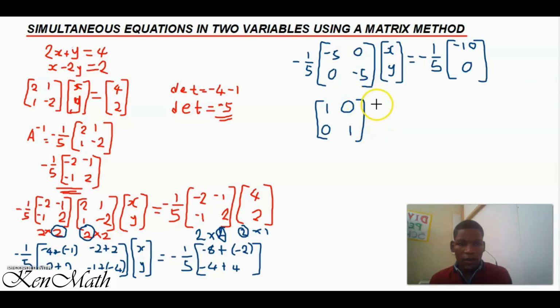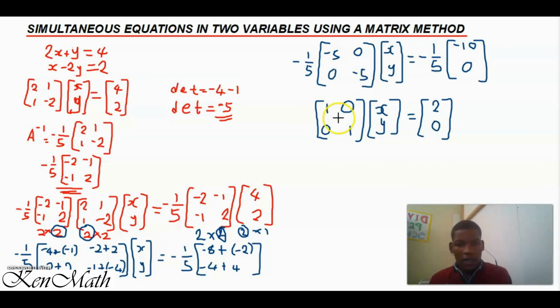We'll close, and then we open, we'll say x, and then y, and then we say equals, we multiply the same. So negative 1 over 5 multiplied by negative 10, it will give us 2. And then again, negative 1 over 5 multiplied by 0, it will give us 0.